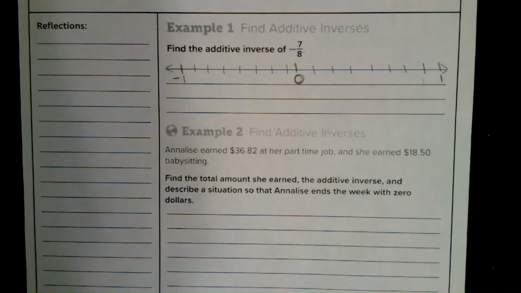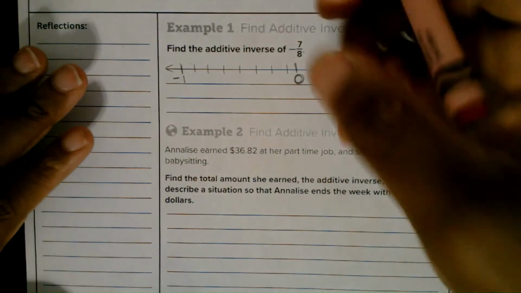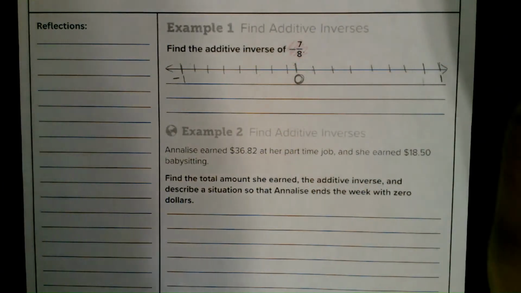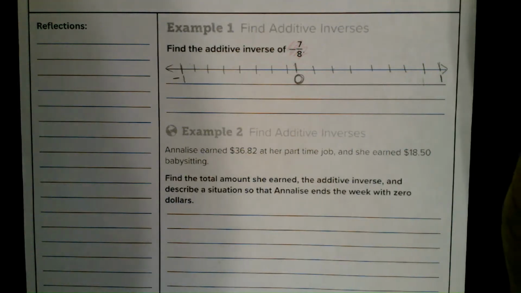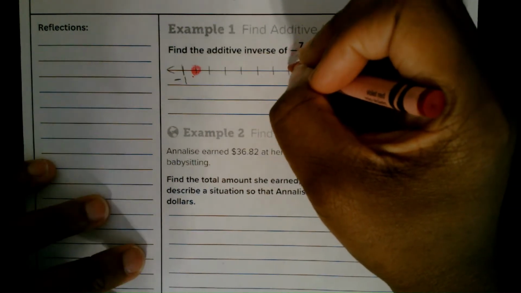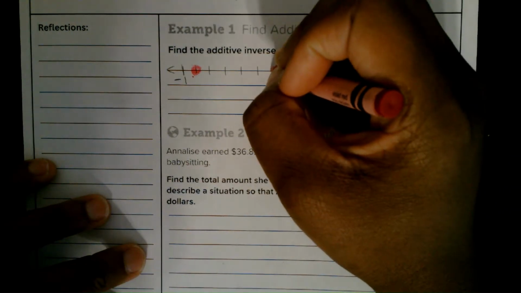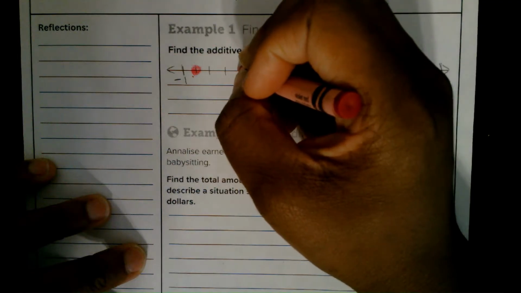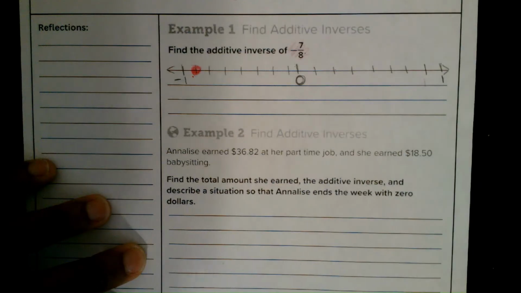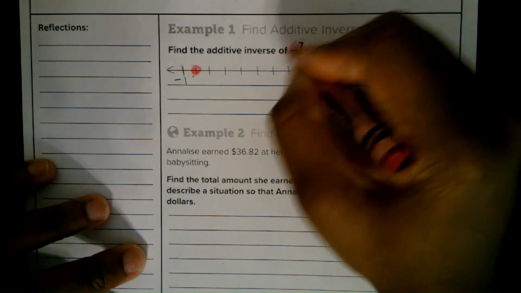Now first I'm going to graph -7/8. So -8/8 is equivalent to -1, so -7/8 is 1/8 less. So this is -7/8, and you can just count 1/8, -1/8, -2/8, -3/8, -4/8, -5/8, -6/8, -7/8. So that's going to be this here.